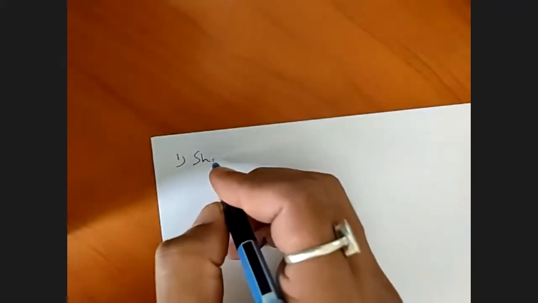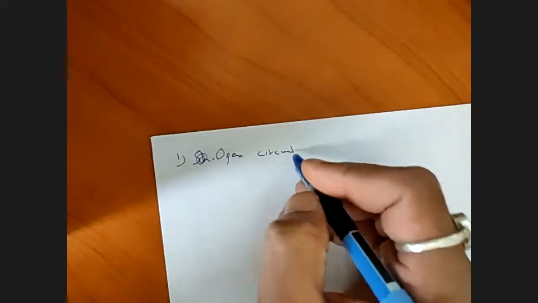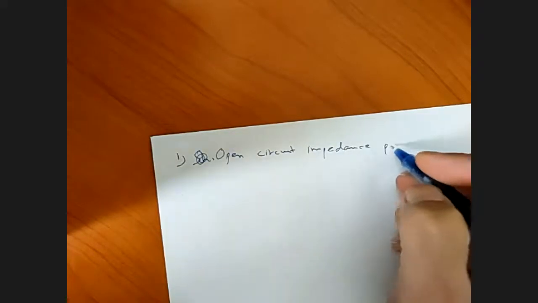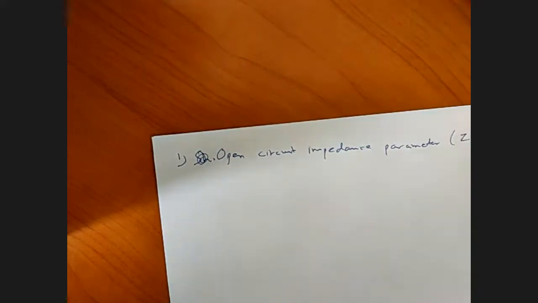So the first parameter which we have already discussed is open circuit impedance parameter, and they are represented by Z parameters.